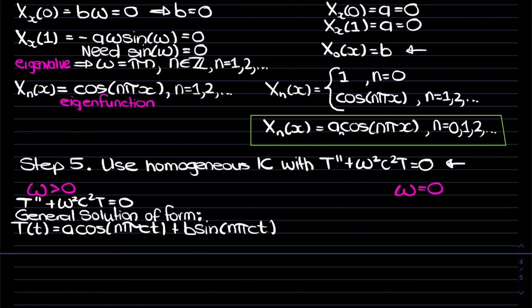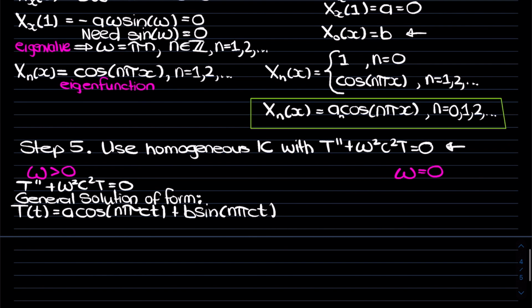And then if we plug in our initial condition, now the homogeneous initial condition was a Dirichlet condition, so we don't need to take the derivative. We'll just plug in t equals 0, and that's going to give us a that has to equal 0.